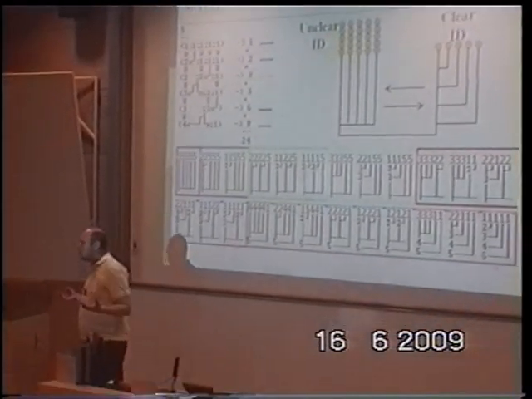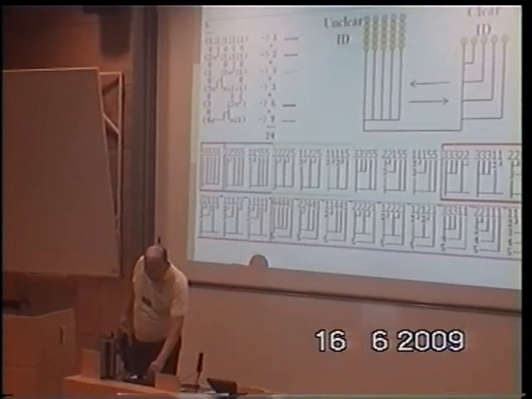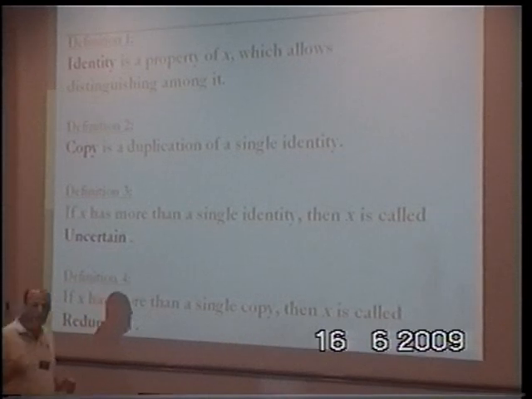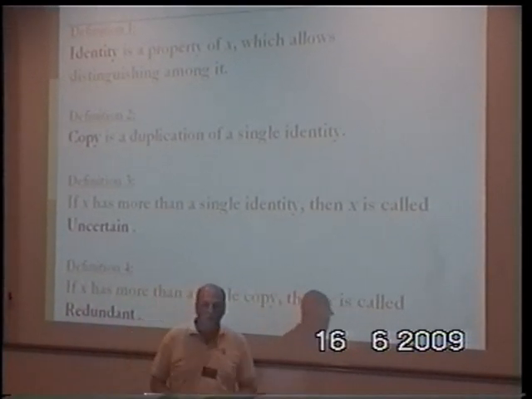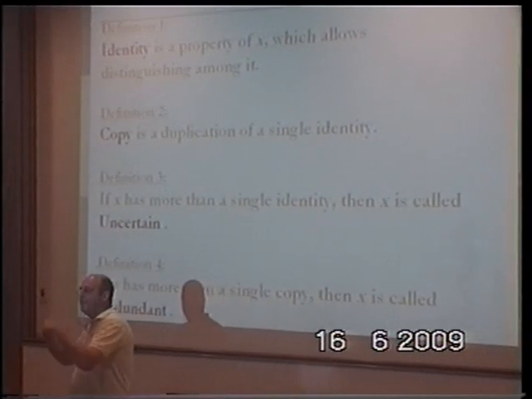Now I come to the main point, the question. Okay, I define a distinction, I define an algorithm. What is the meaning of all this? Now, we are talking about uncertainty and redundancy. What we are trying to do here is to bring concepts from the quantum world, which means redundancy and uncertainty, into mathematics.